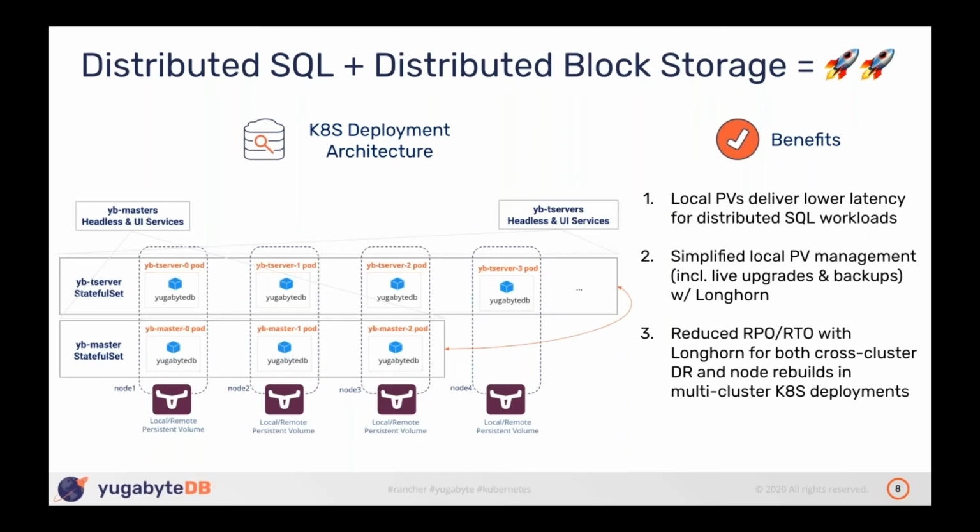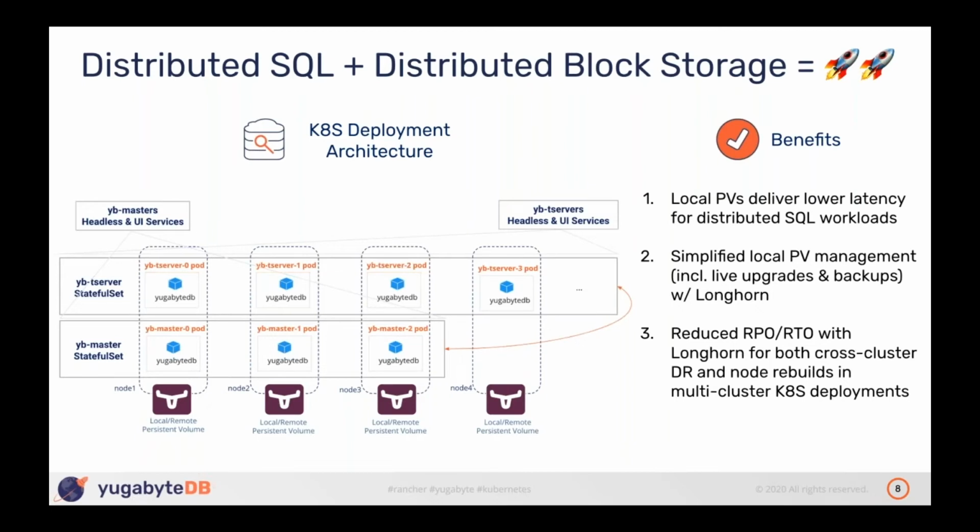But with using Longhorn, since the block storage had already kept copies of the data, it can help the distributed SQL database recover even faster by reducing the rebuild data pull from the other region, which incurs wide area network latency, right?